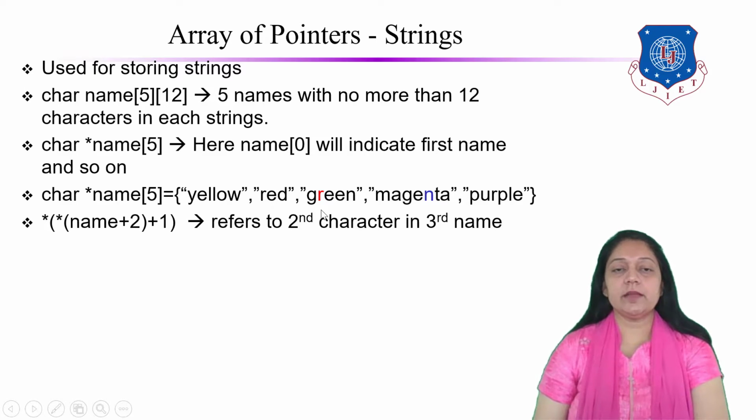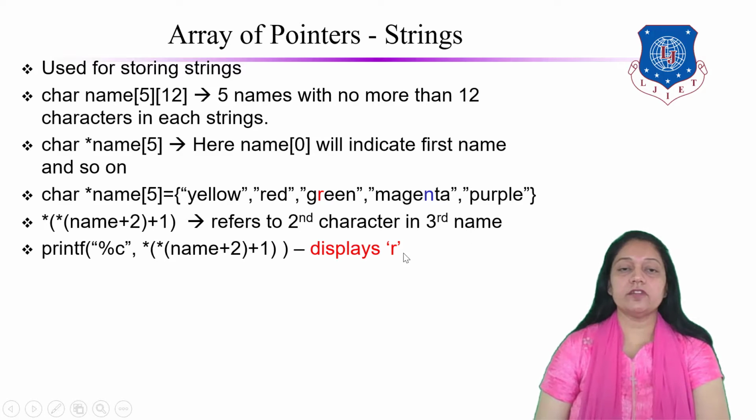Which is our third name? 2 means the third name, that is green. 1 means column, that is the second character, that is r. When I write it in this notation, I am referring to the second character in the third name. So when I display this character using %c, I'll get r.